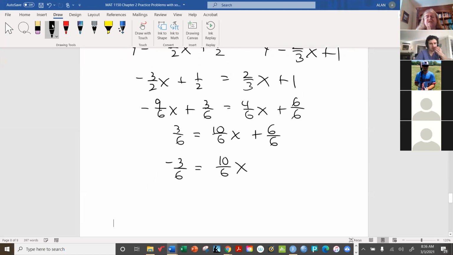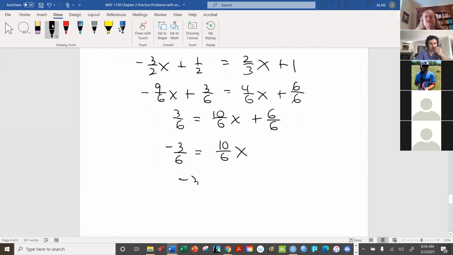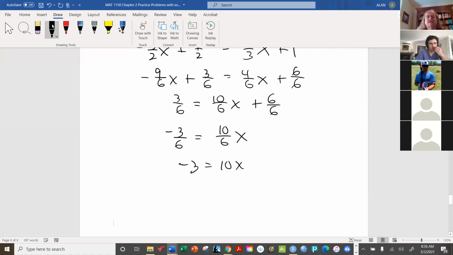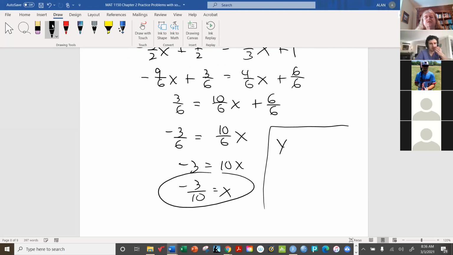Now I'm going to multiply both sides by 6 to come out with -3 equals 10x, and then divide both sides by 10. So where they cross, x is equal to -3/10. I can obtain the y from either of the two equations because it has to be the same.